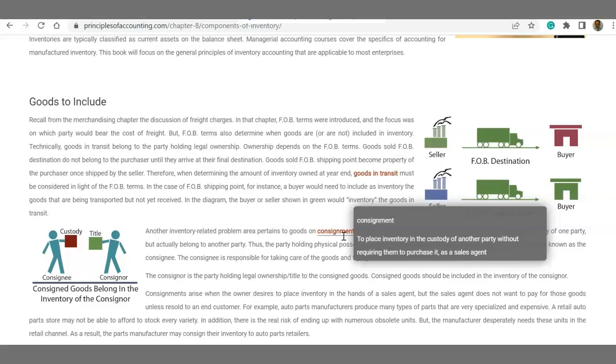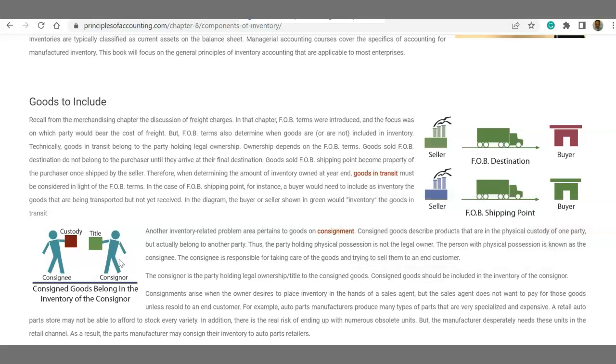Consignment means placing inventory in the custody of another party, as a sales agent, without requiring them to purchase it. So we give our inventory to another company. They have the custody. We are the owner. We call ourselves the consignor.